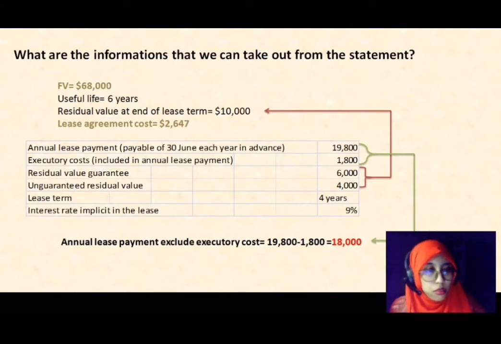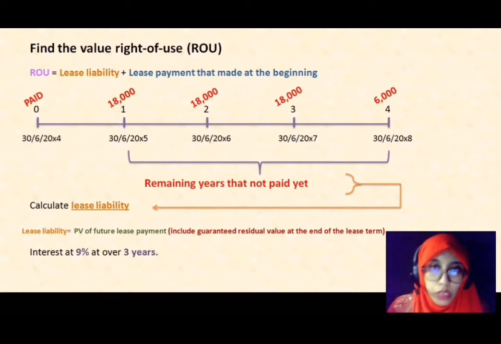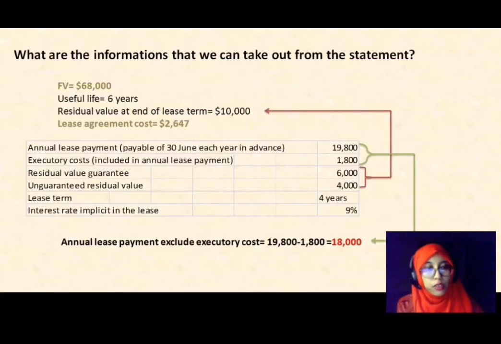So next, first of all we need to find the right of use, ROU. ROU here is equal to lease liability plus lease payment made at the beginning. At the beginning we paid 18,000. Why do we pay 18,000? We already excluded the executory cost, as mentioned, so we need to minus, and now we need to pay 18,000 in advance.